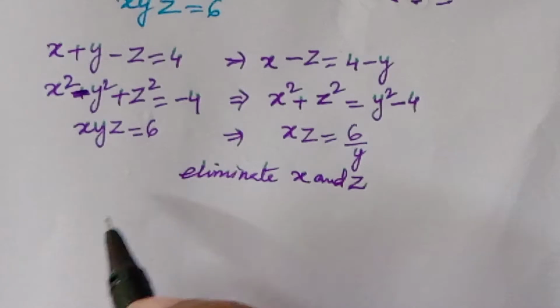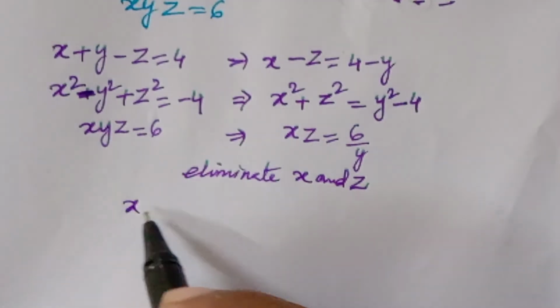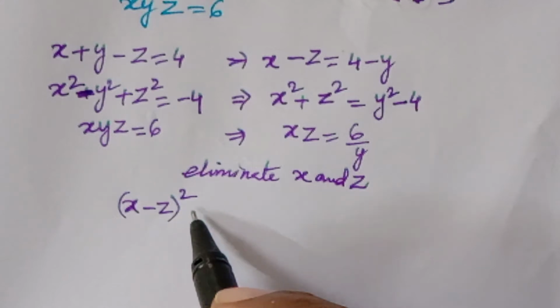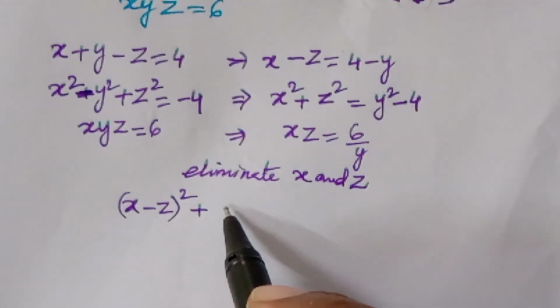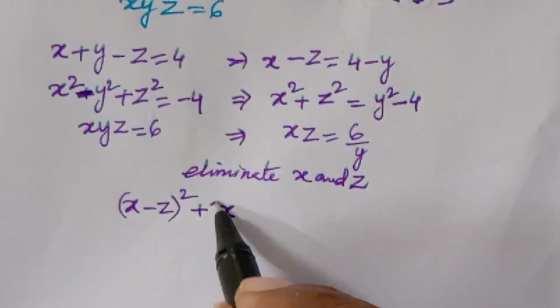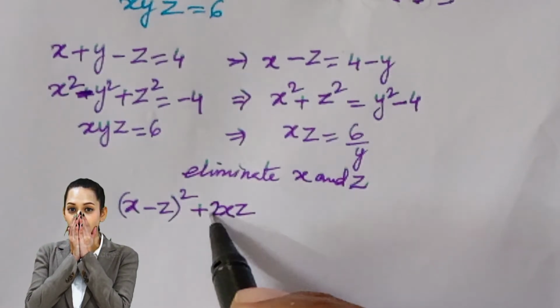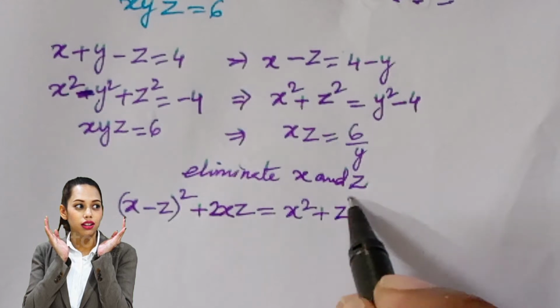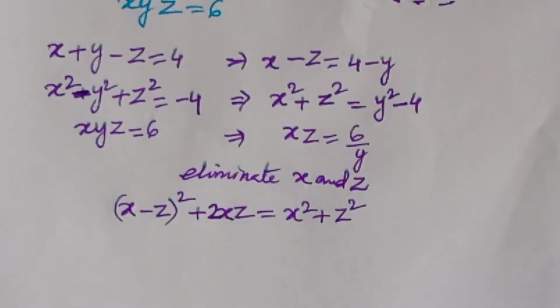You already know this identity: x minus z whole square plus 2xz is equal to x square plus z square. So here all the values are there.